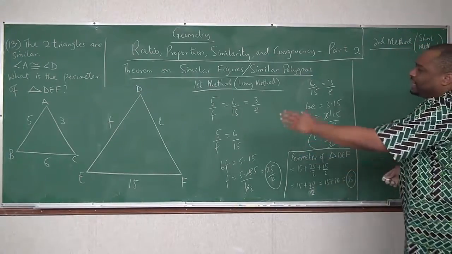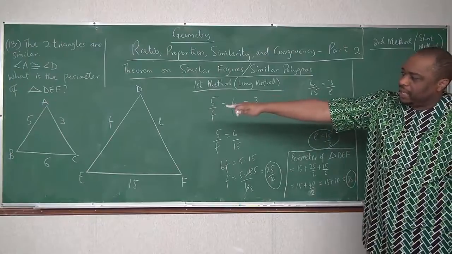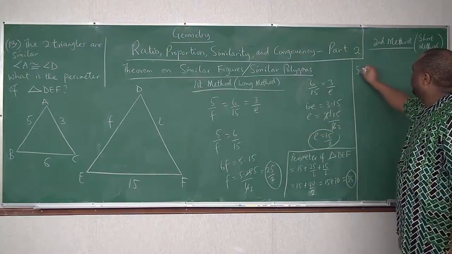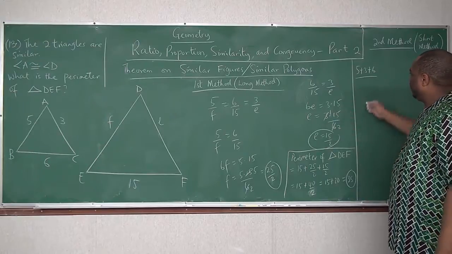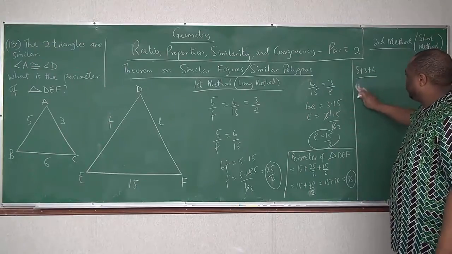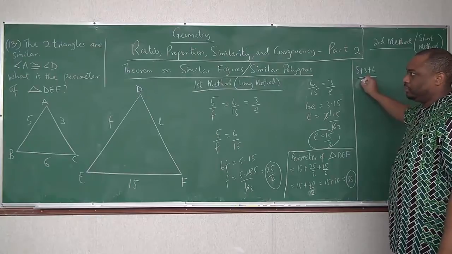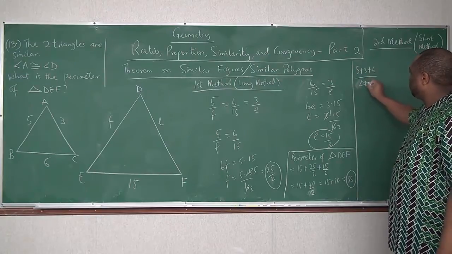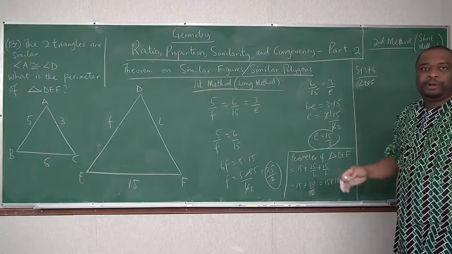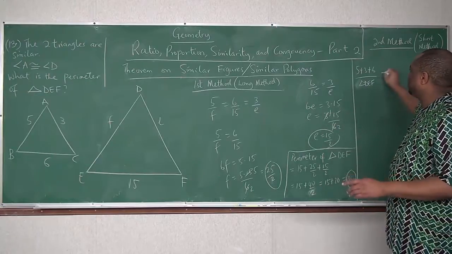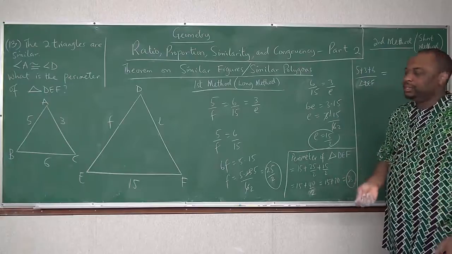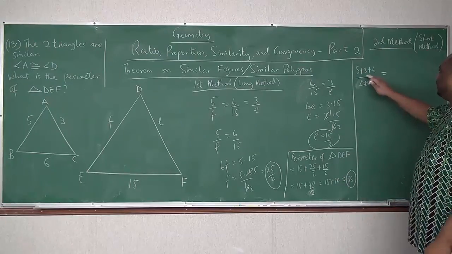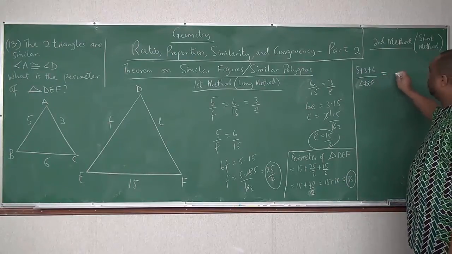So in this case, we already know the perimeter of that: 5 plus 3 plus 6, all over the perimeter we need. Let's call it the perimeter of triangle DEF, because that is what we were asked. It is equal to 6 over 15.